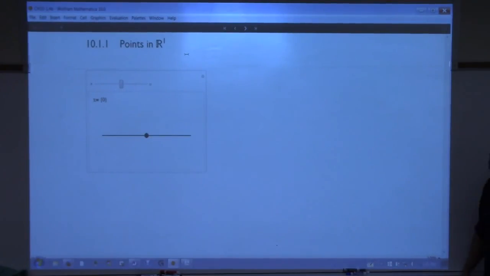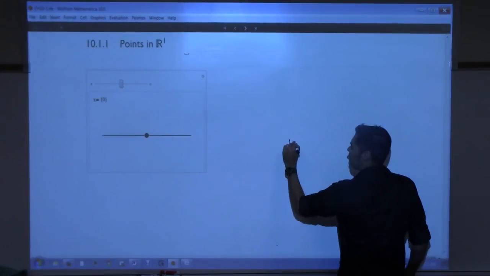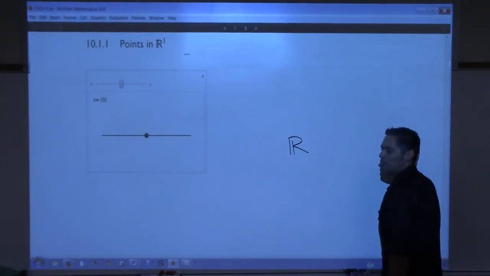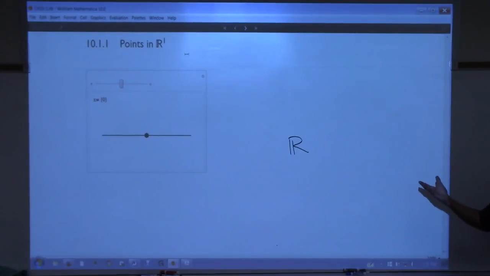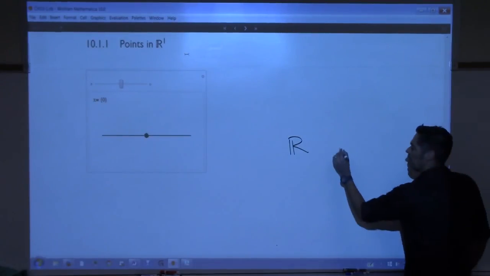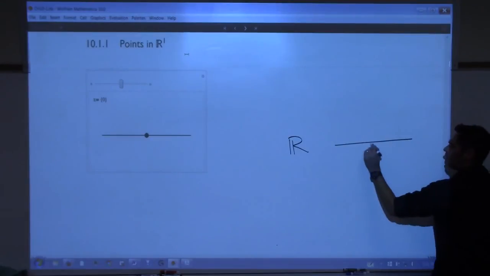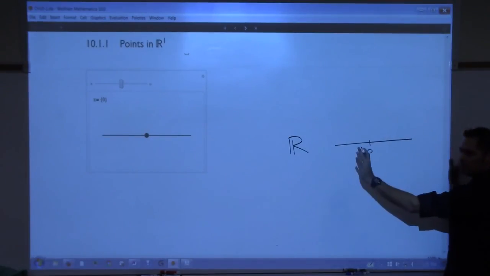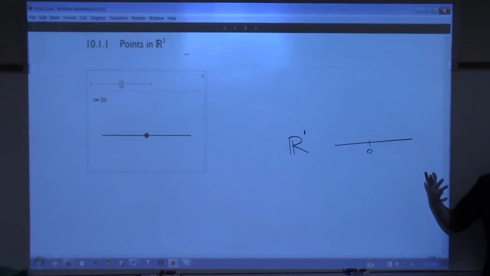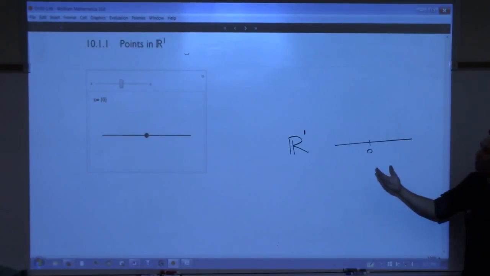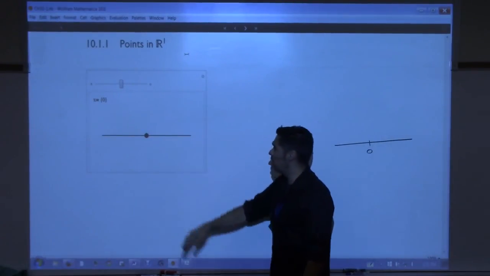So when we use this double struck capital R, we always looked at that as meaning all the real numbers, right? A number line was what we could use to represent that, 0, and everything in both directions. What was up here was like a 1. It was raised to the first power, and that's R1. So R1 are all the points on the number line.